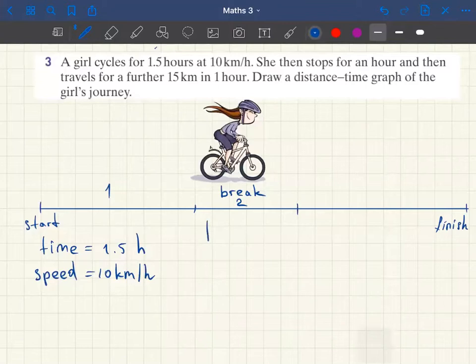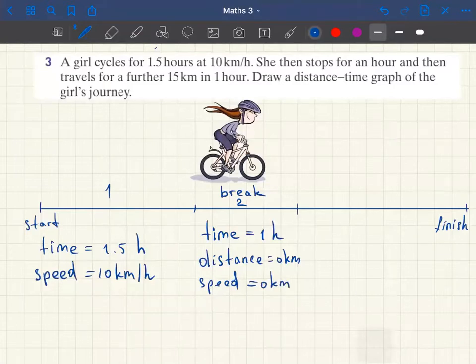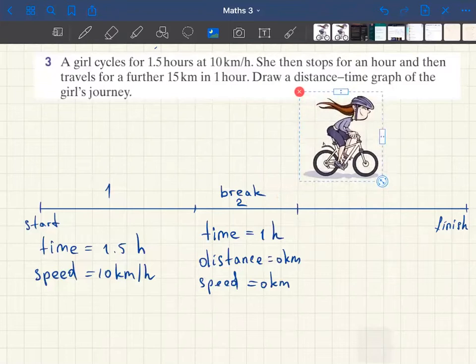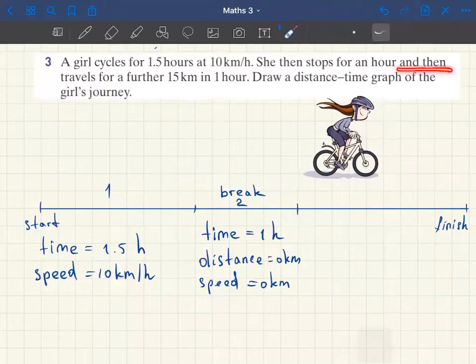So she spends time here, 1 hour, but she doesn't go anywhere. So distance is basically zero. Distance is 0 kilometers, and we can say that speed, of course, is also zero, because she doesn't move, she doesn't do anything, right?